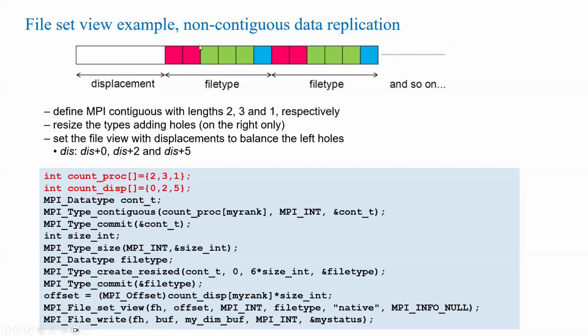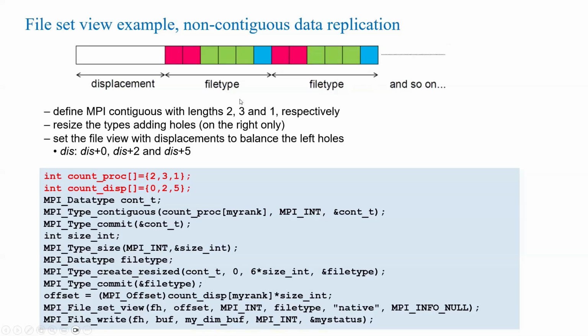The first one, the red one, will have 2 etypes, the second one will have 3, and the third one will have 1. So basically this will define an MPI file type that is contiguous with lengths 2, 3, and 1 for each process respectively. And then it's basically a replication of this file type, right?